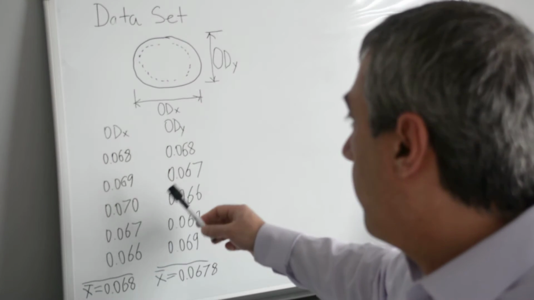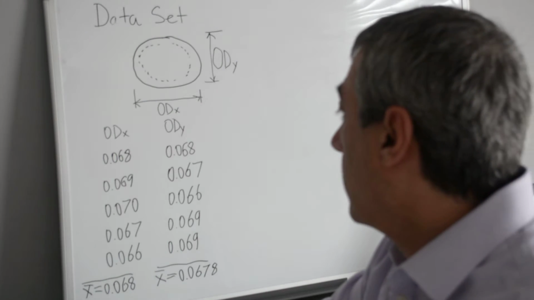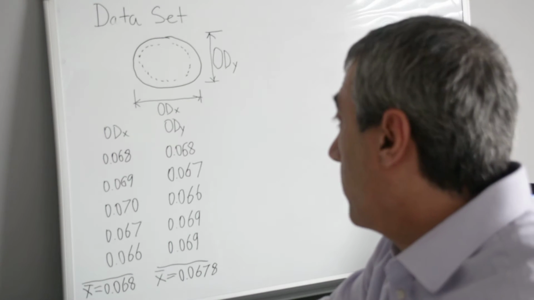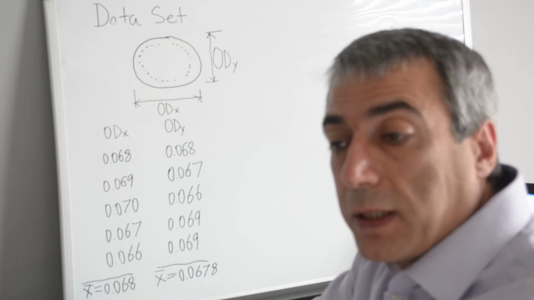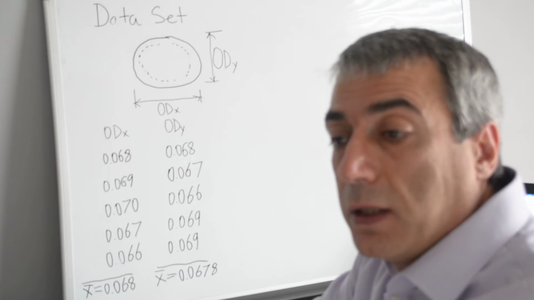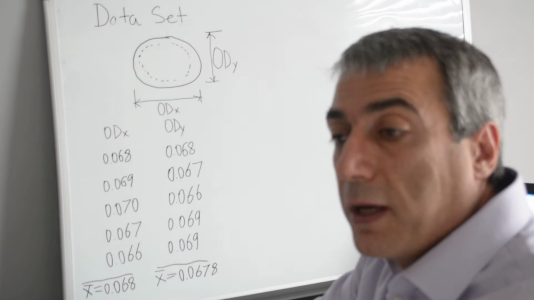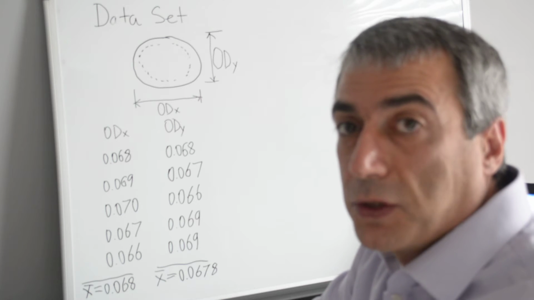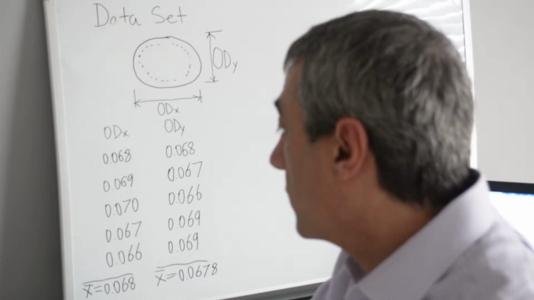So we have 5 data points generated by the dual axis laser micrometer. Certainly we want to keep the ovality of the catheter under control, therefore we are very interested in not having a very big departure between ODs in X direction and Y direction.